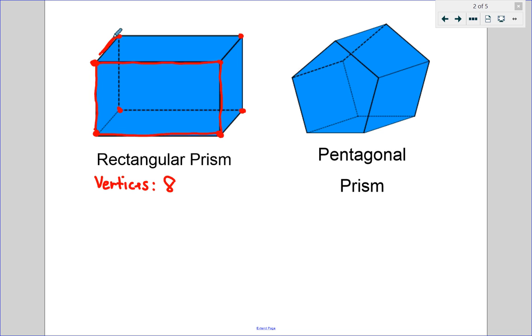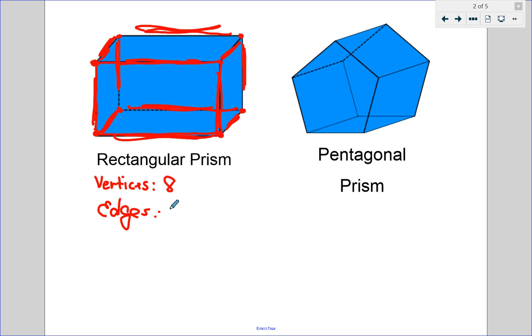So that's an edge, one edge, two edges, three, four, 5, 6, 7, 8, 9, 10, 11, 12 edges. So the amount of edges we have on this is 12. Okay, we have parallel rectangular faces.